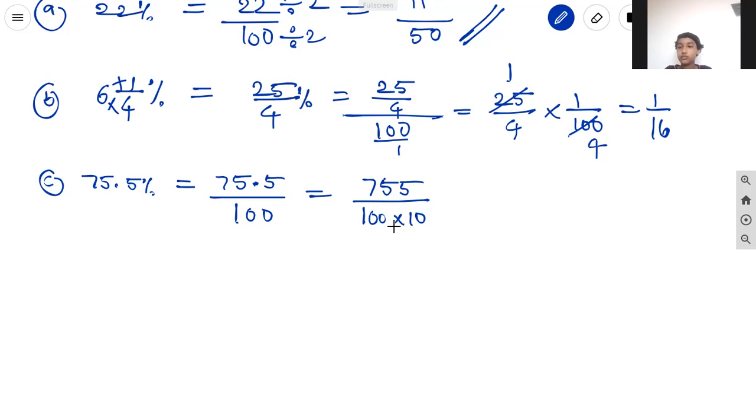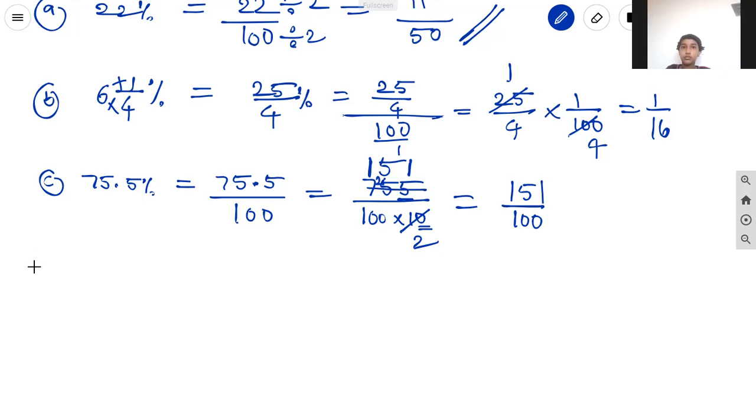Now it can be divided by 5. Why? Because in the ones place 5 and 0 are there. So 5 2s are 10, 5 1s are 5, 7 minus 5 is 2, 5 5s are 25, 5 1s are 5. That is equal to 151/200. Okay, it is the simplest form.